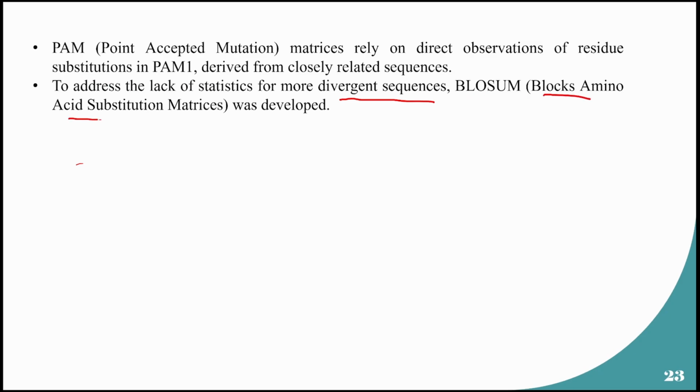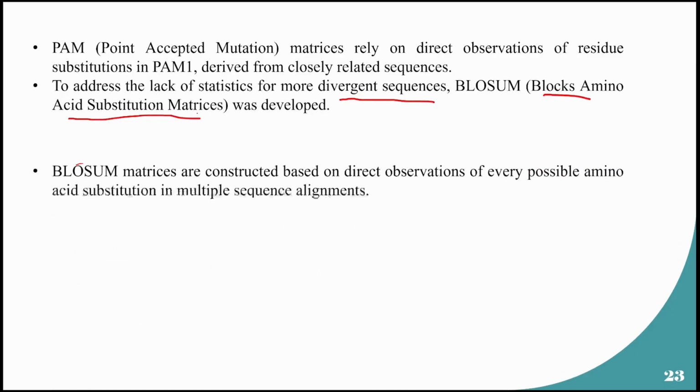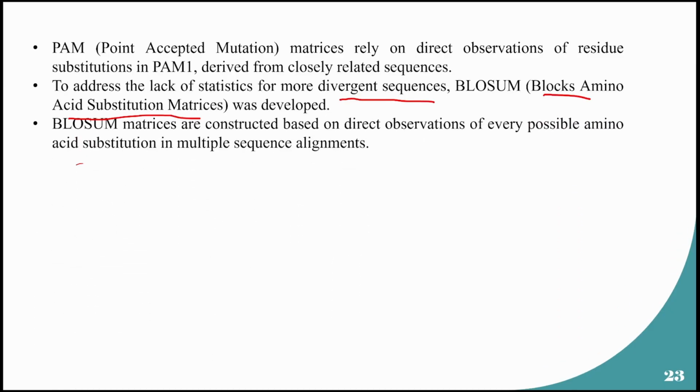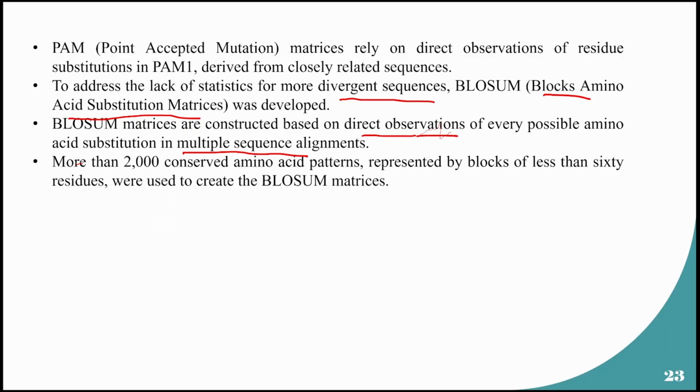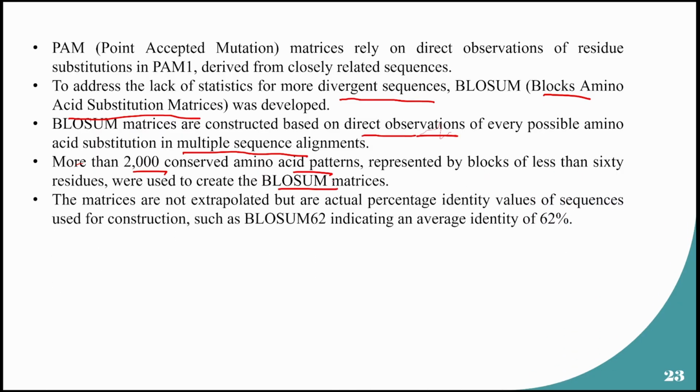This is called the BLOSUM amino acid substitution matrix, and it was based on direct observation of every possible amino acid substitution in multiple sequence alignments. More than 2000 conserved amino acid patterns, represented by blocks of less than 60 residues, were used to create this BLOSUM matrix, right?